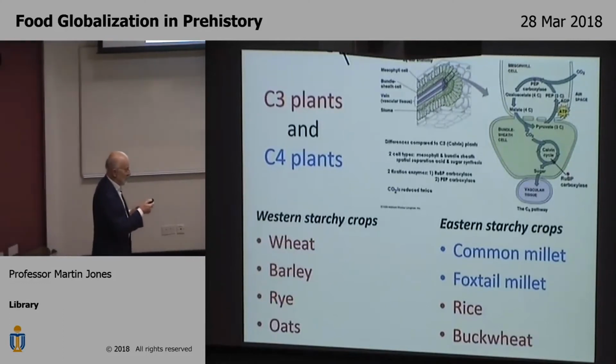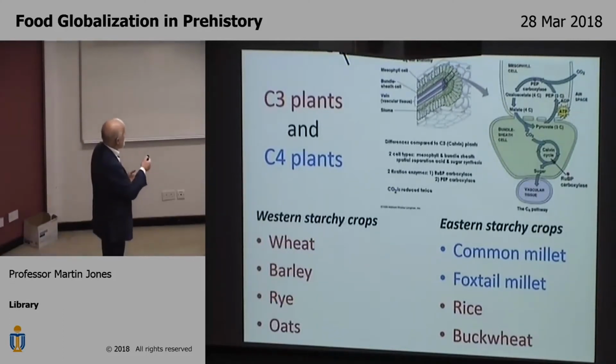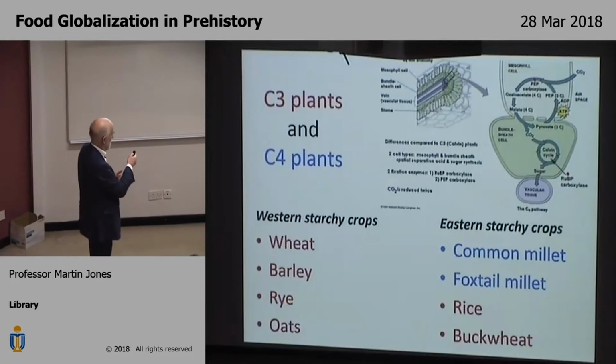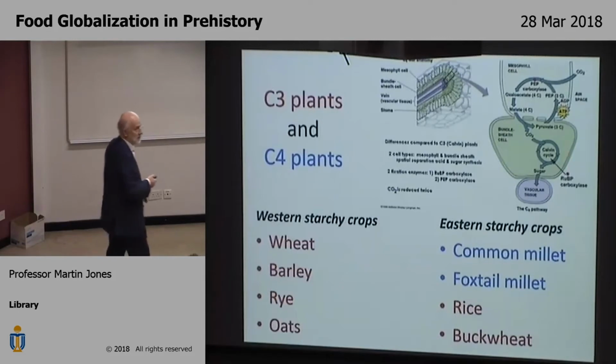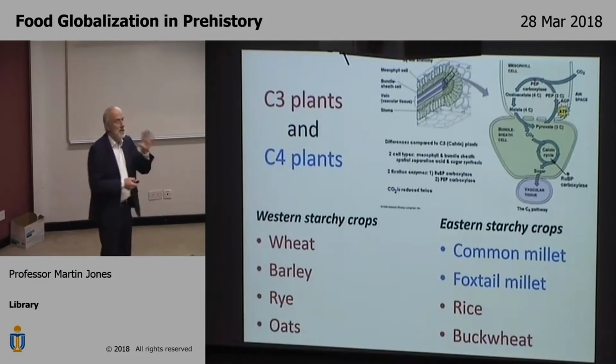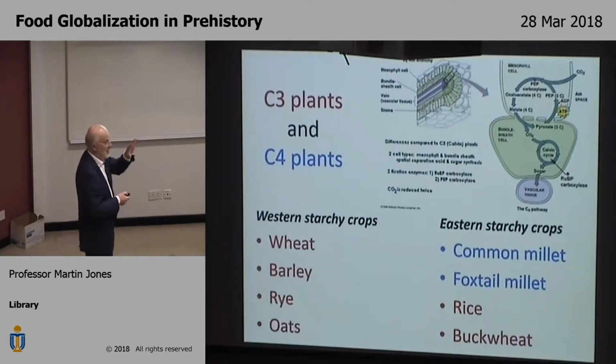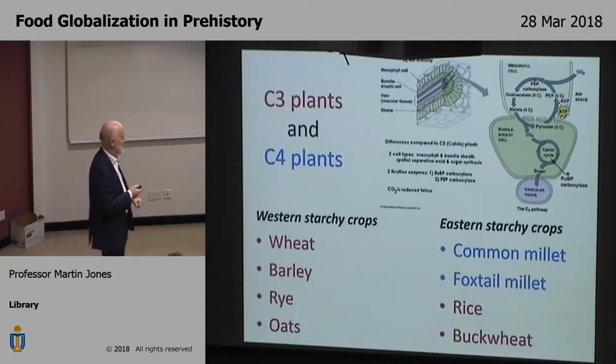And if we look at how plants use their carbon, the majority of plants are what are called C3 plants, including all these red cereals here. And that's just the norm of photosynthesis within plants. There's a set of plants that take that normal photosynthesis and add what I would describe as a turbocharger to kind of heat up the photosynthetic pathway.